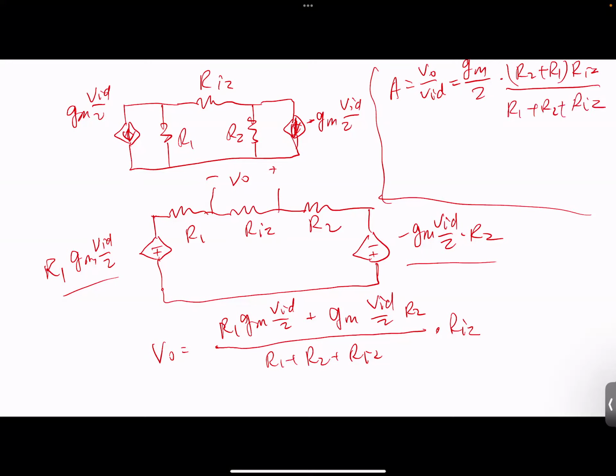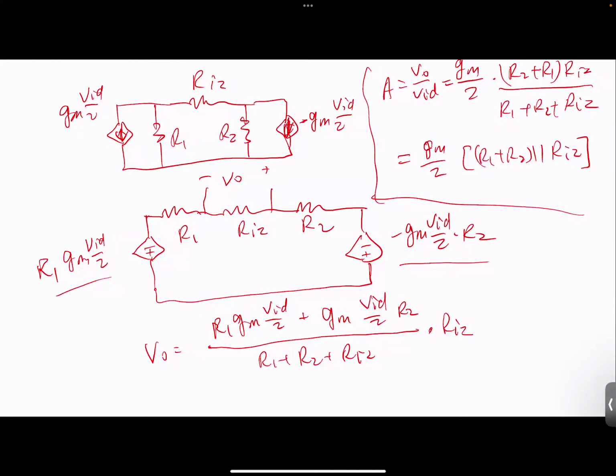So if you inspect the resistance part, I can rewrite this in a very simple format: GM divided by 2 times R1 plus R2 in parallel with RI2. So by doing this, it's exactly the same equation as in the book. And then we can find the gain quite easily.